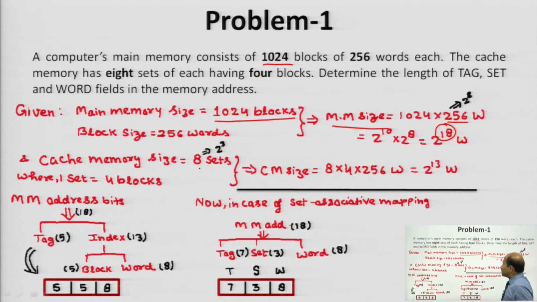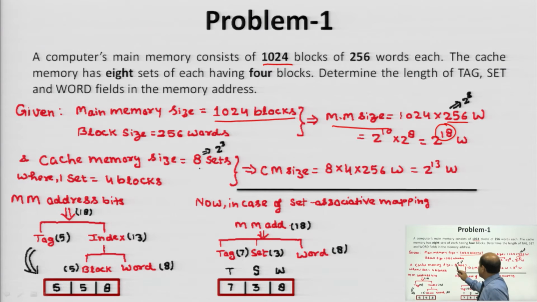So, 18 bits are used to address the main memory. Now, the second part of this numerical: the cache memory has 8 sets, each having 4 blocks. That can also be converted into number of words, because one set equals 4 blocks and there are 8 sets.